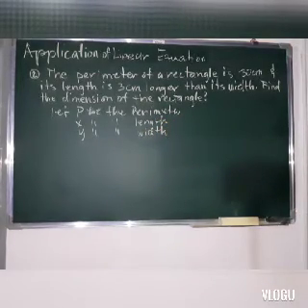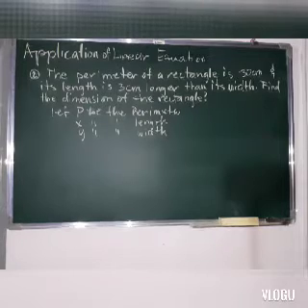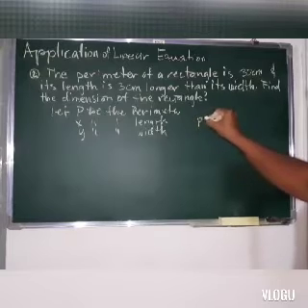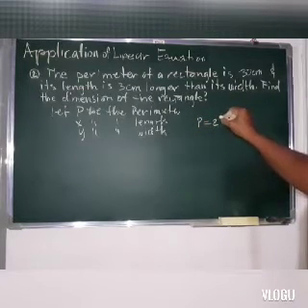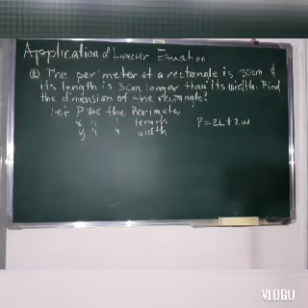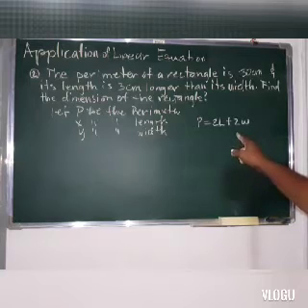Okay, so we need to equate now. So the perimeter of a rectangle is 30 centimeter. So remember that the formula for perimeter is P is equal to 2L plus 2 width. Okay, so we're going to substitute this.